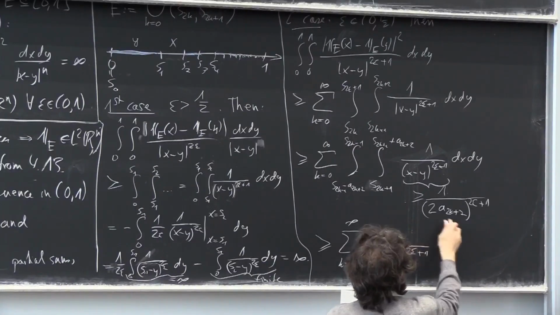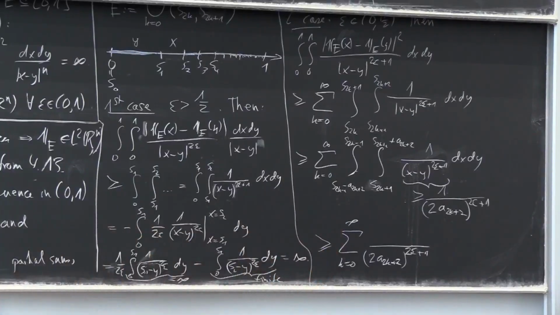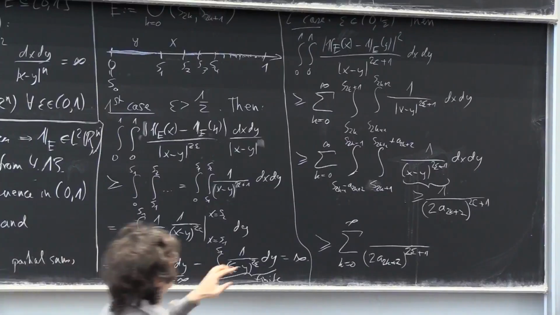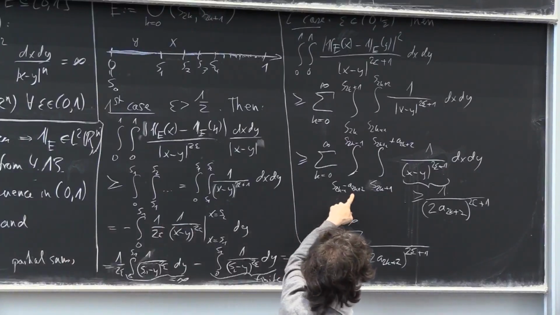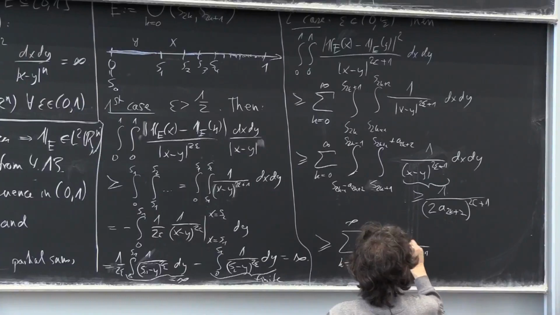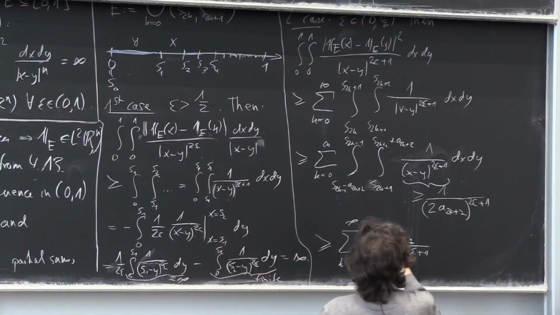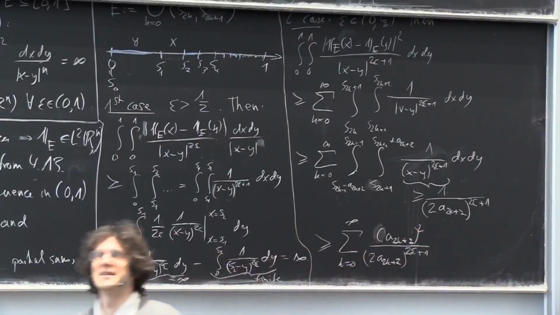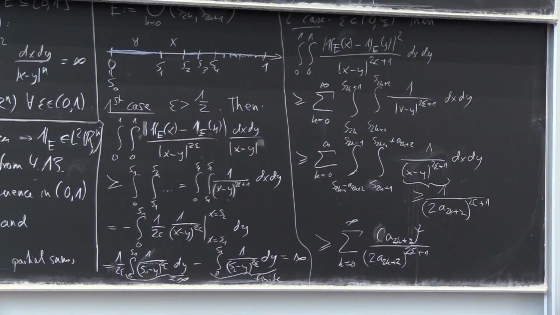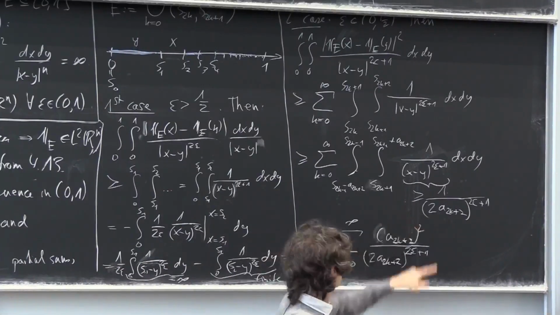And if I take this out of the integrals, this is just integrals over the constant 1 function. So I just have the length of the intervals. The length of the intervals is a2k plus 2 and a2k plus 2. So this gives 2a2k plus 2. So the two lengths of the intervals give these, and this is the constant by which I estimated.